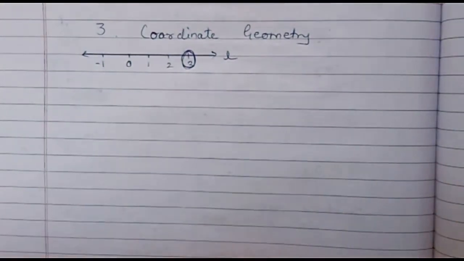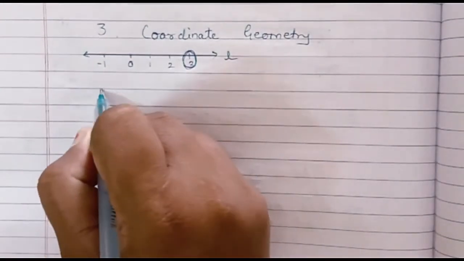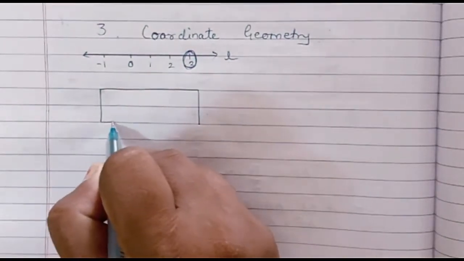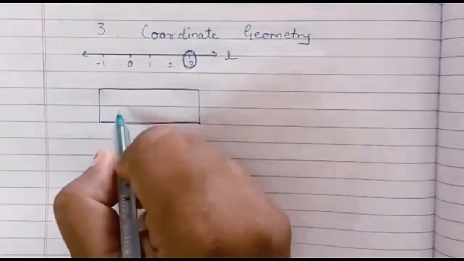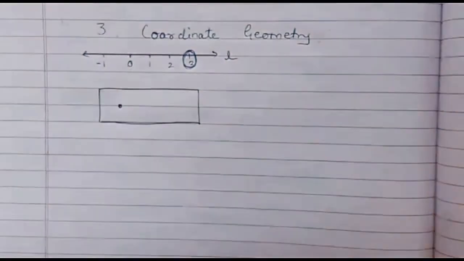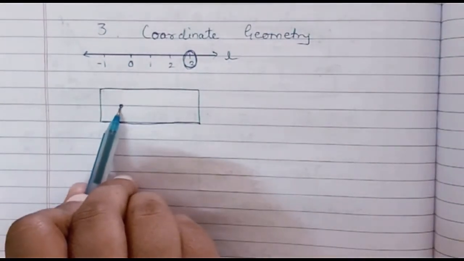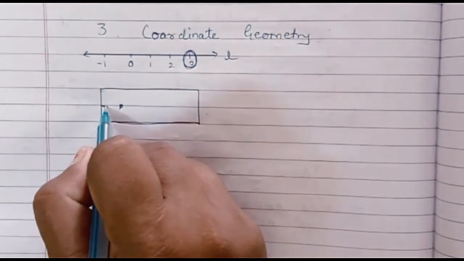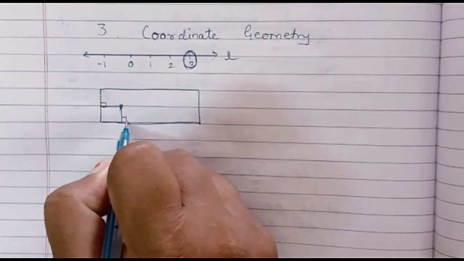Sometimes we have different cases. I am drawing, suppose, a surface of a table, and here I have placed an object. If I want to tell you at what position of the table this object is lying, I will have to draw a horizontal perpendicular as well as a vertical perpendicular.